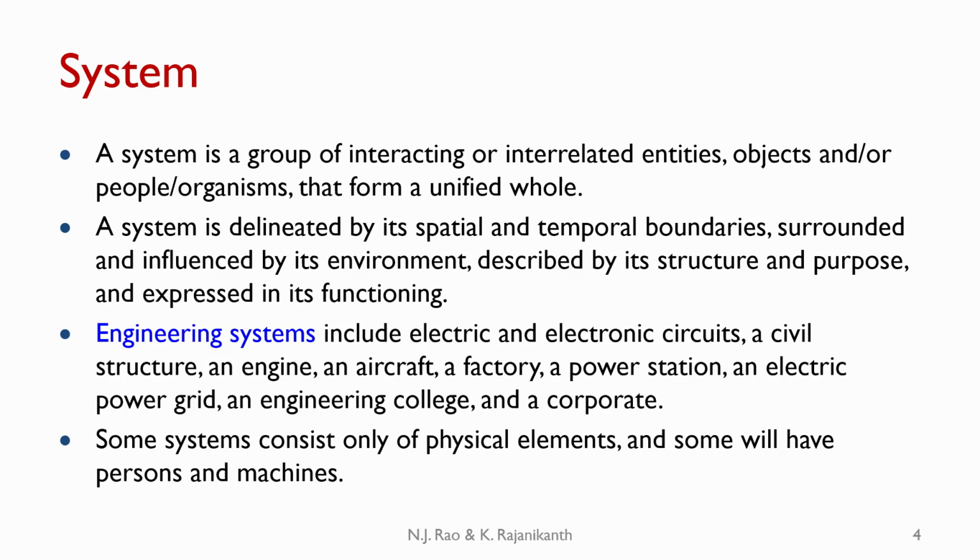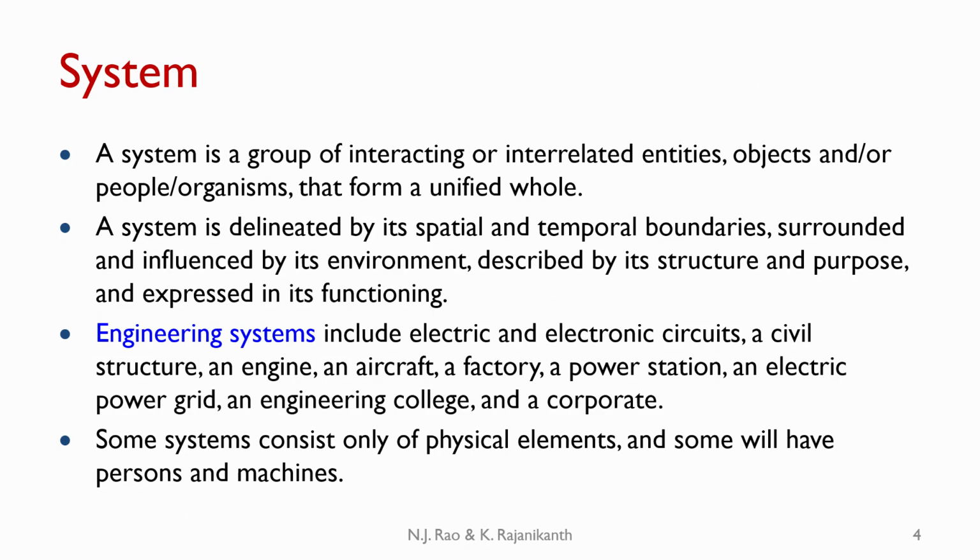And engineering systems that we are concerned with can start with simple electrical or electronic circuits, a civil structure, an engine, an aircraft, a factory, a power station, an electric power grid, or something like an engineering college and a corporate. They all are kind of engineering systems.